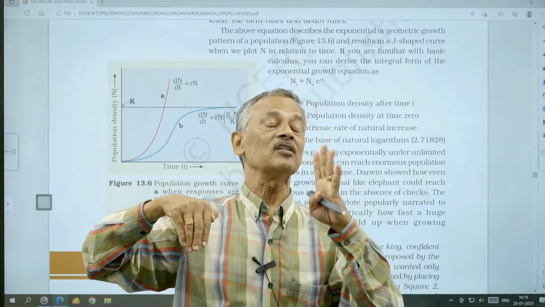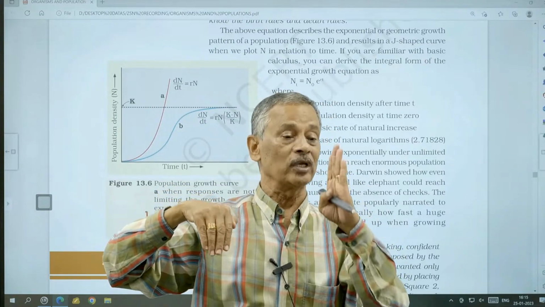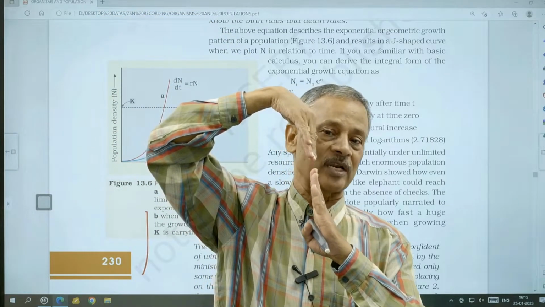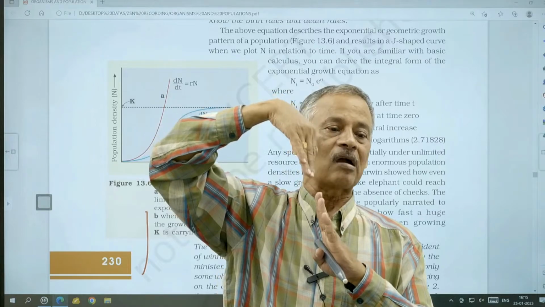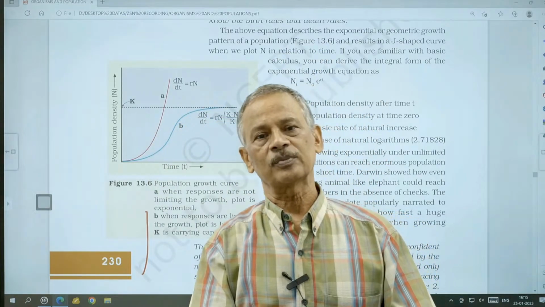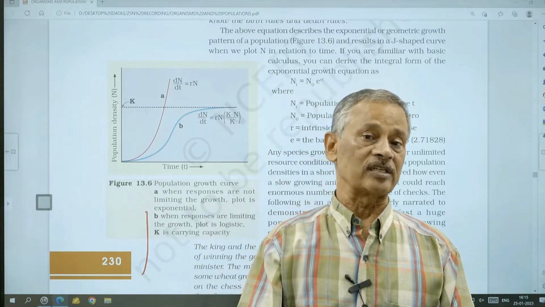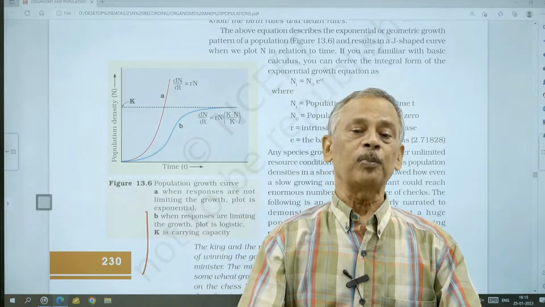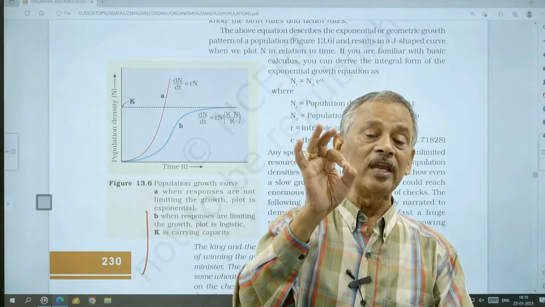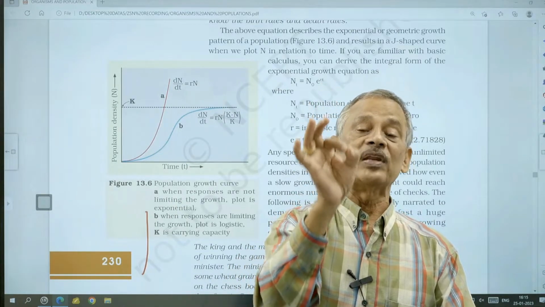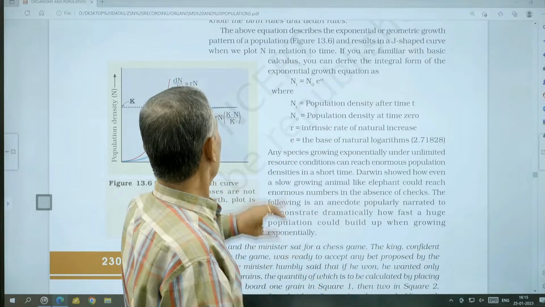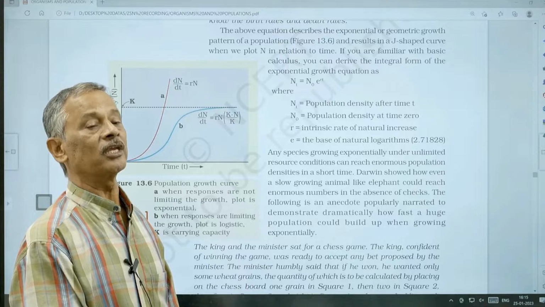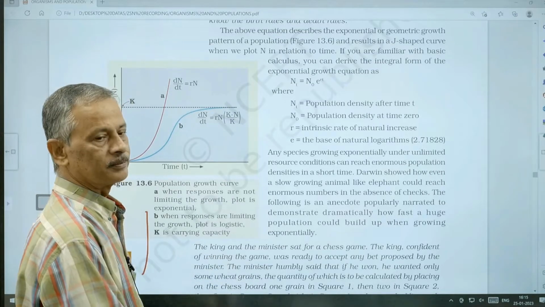That means it is an ability to increase the population, but nature is having an opposite pressure exerted. That is called environmental resistance. Because of this environmental resistance, population cannot grow, and population is thus maintained at a definite level, maximum level, called the asymptote, which is called the carrying capacity K.